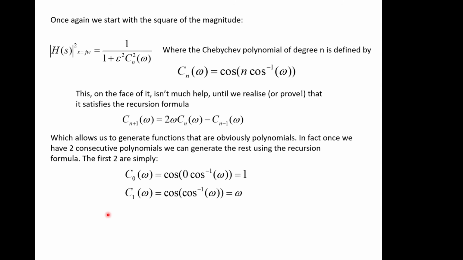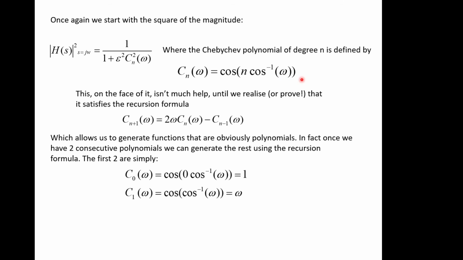So once again we start with the square of the magnitude, because we want to do this trick of getting rid of half the poles. So we start with the magnitude of H(s) squared, and we set that equal to this function here, which includes the Chebyshev polynomial Cn, and Cn is defined as Cn of omega is cos of n, whatever n might be, just a constant, times the inverse cos, or arc cos, of omega itself.